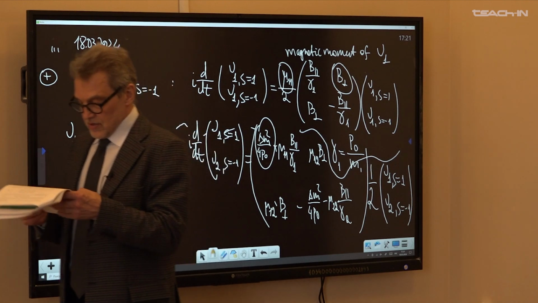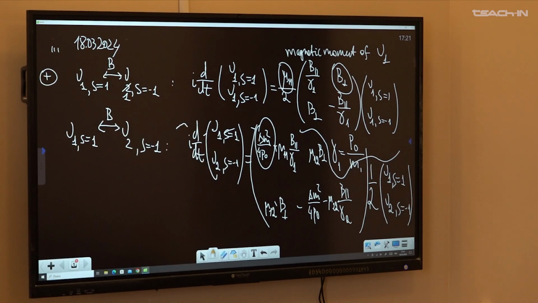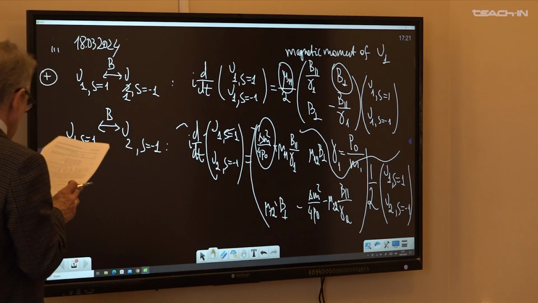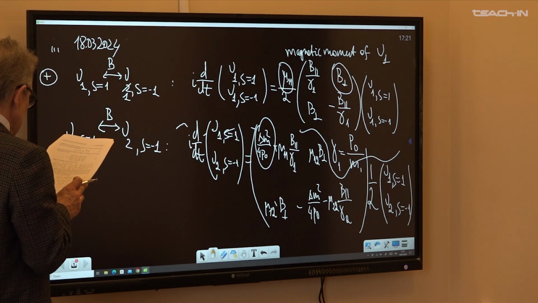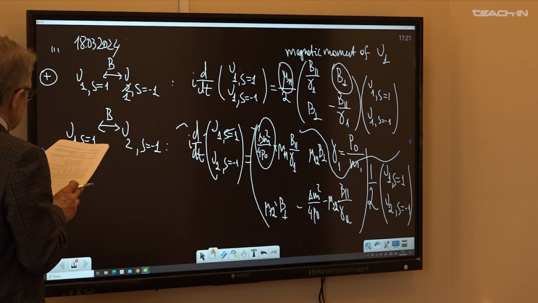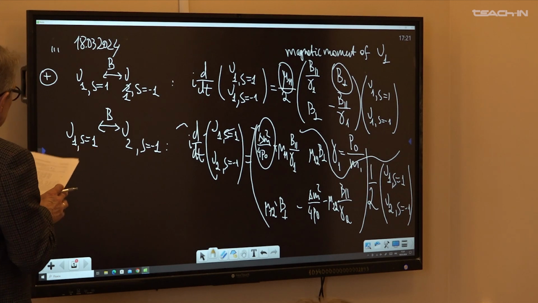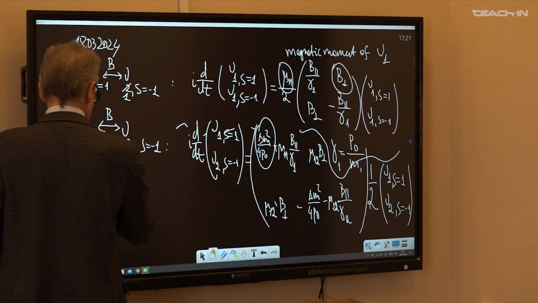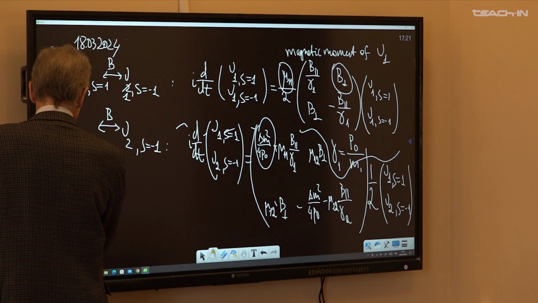And the third case, when the mass is changing, but the spin orientation is not changing. I put plus.